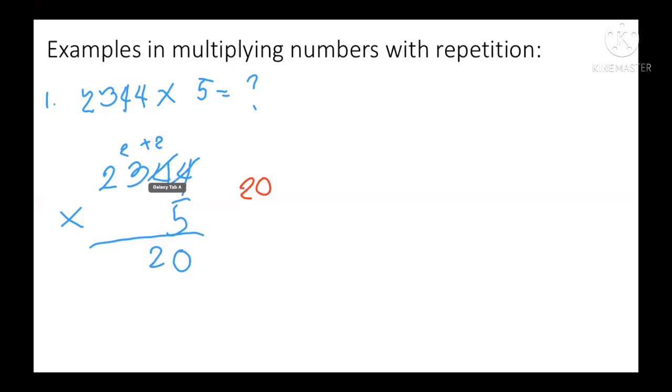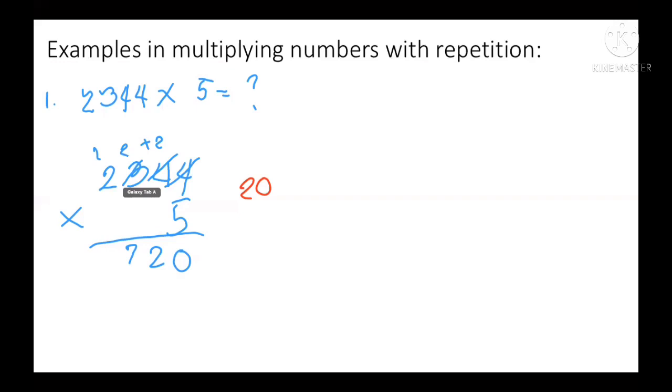Let's move on to the hundreds. 5 times 3. 15, correct? 15 plus 2. That is 17, correct? So 7 here and then 1 up here. We are done with the 100 place.